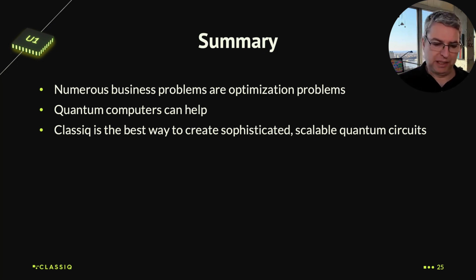Instead of assembly language, you have higher level languages. Instead of raw HTML, you use Wix or WordPress or Webflow or something like that. We think that Classiq provides that same level of improvement. Instead of working essentially at the quantum assembly level, you can work at a functional model and get an optimized circuit that's hardware aware in a fraction of the time, and thus be able to solve problems that you couldn't solve otherwise.